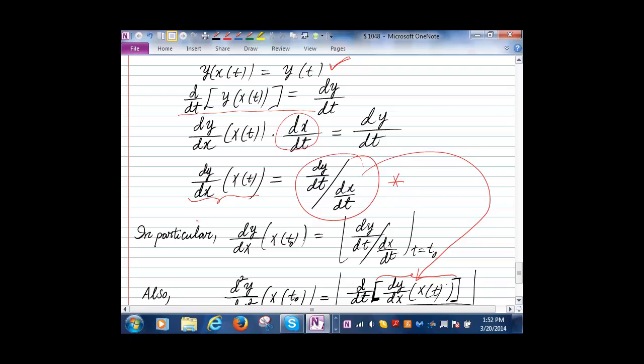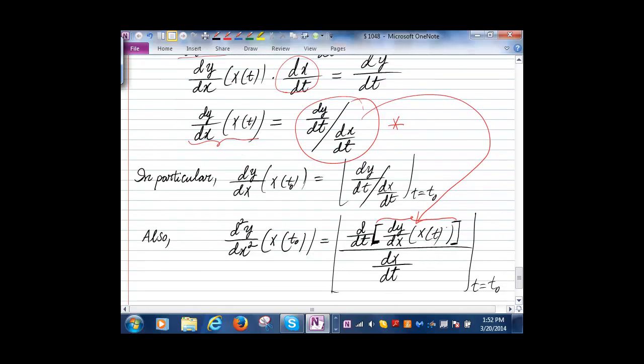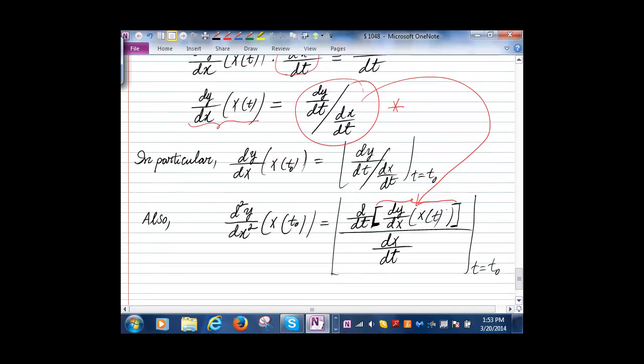Notice that the reason we had to do all this is because we don't have a formula for y in terms of x, right? If I have a formula for y in terms of x, then I could just take the derivative pretty easily. But we are going to use this formula to find dy dx at x of t, and I'm going to give you an example in a bit that's going to make it clear.